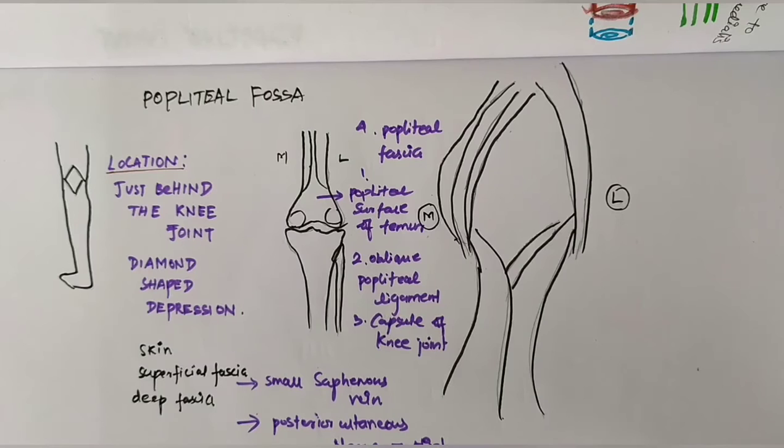These are the borders. These muscles contribute to the border of the popliteal fossa.